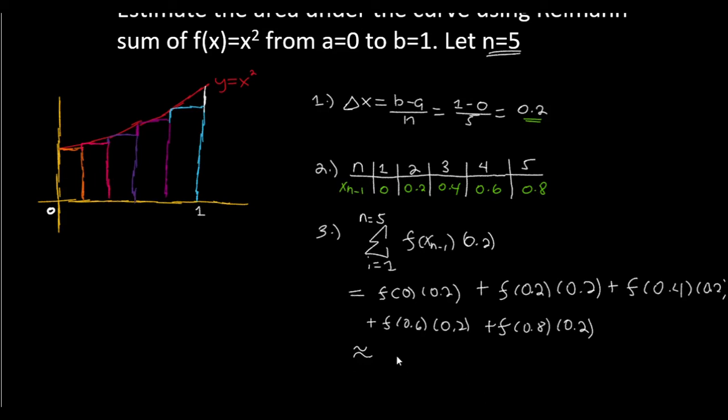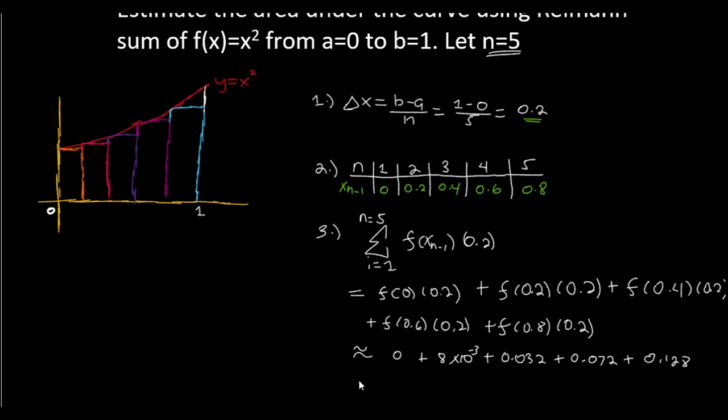x squared at 0, 0, plus 0.2 squared times 0.2, 8 times 10 to the negative 3, plus 0.4 squared times 0.2, 0.032, plus 0.6 squared times 0.2, 0.072, plus 0.8 squared times 0.2, 0.128.